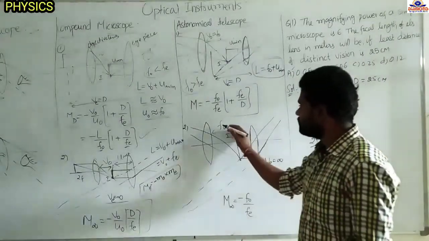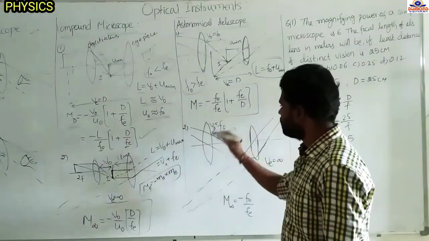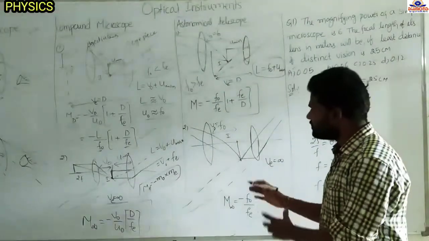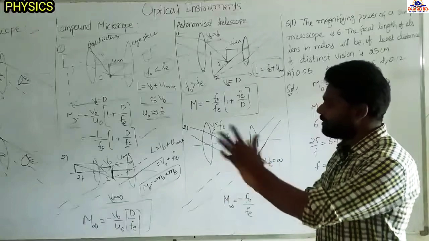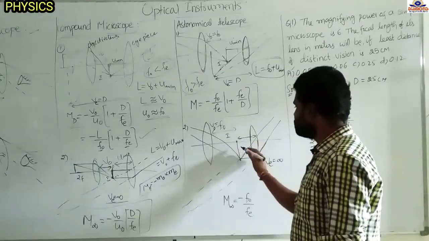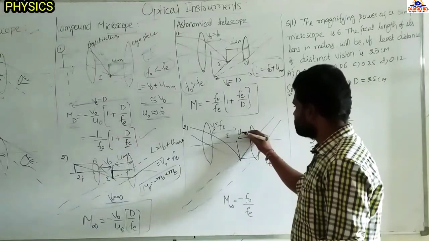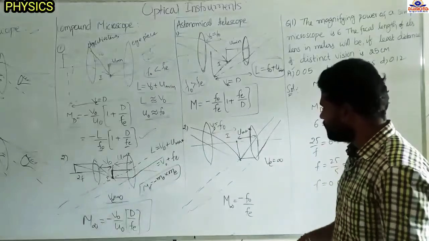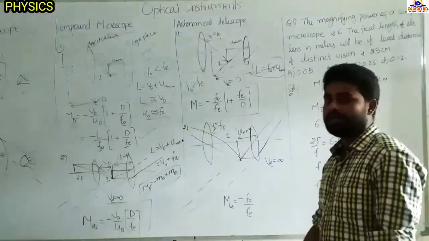So the image distance is equal to the focal length of that lens. And next we adjust the eyepiece to form the image at infinity. When it forms the image at infinity, the distance of the object from the eyepiece is the maximum, u equal to the maximum. If u is equal to the maximum, then it will form the image at infinity.